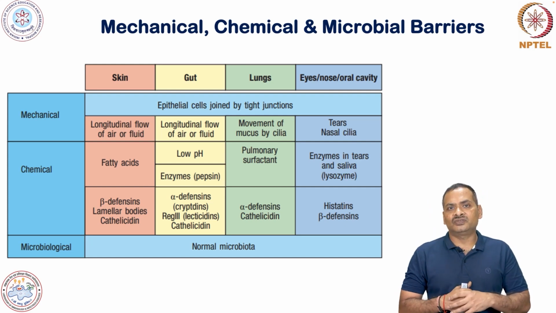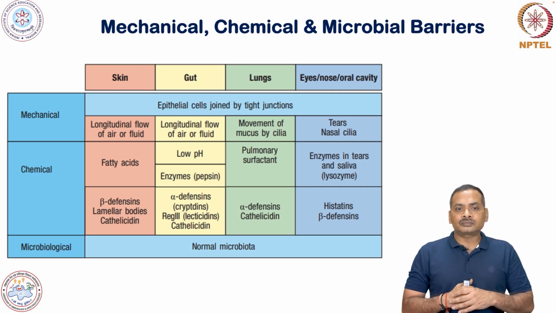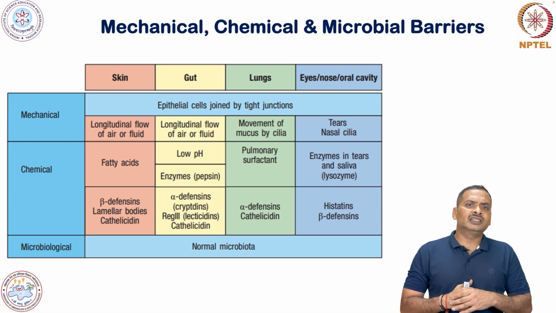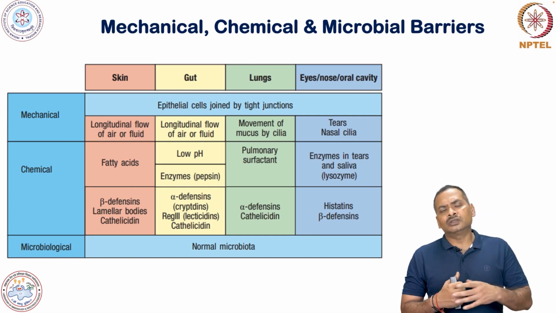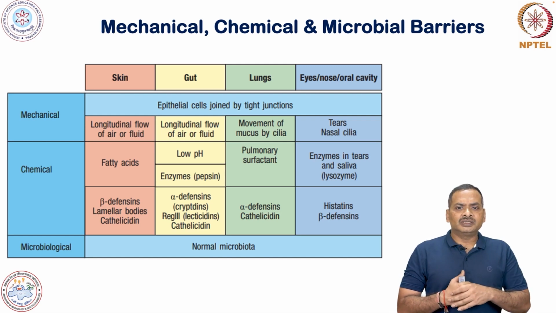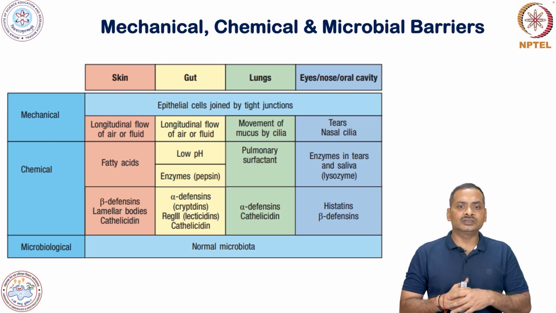So pulmonary surfactant has some molecules. This also produces alpha defensin, and cathelicidin is also present. In eyes, nose and oral cavities, as I told you, there are some enzymes in tear, like lysozyme.